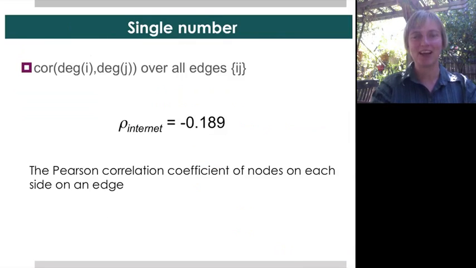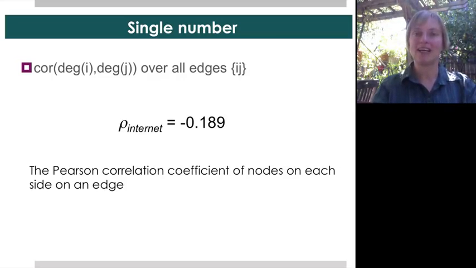And then to simplify even more, you can just look at a single number, which is, over all the edges, you just take the correlation between the degrees of the nodes on either side. So for example, for the internet, you get this slight disassortativity of minus 0.2. And of course, you do lose some information.